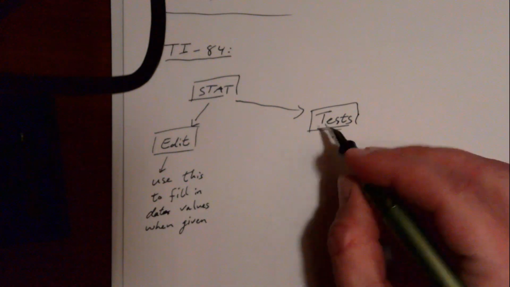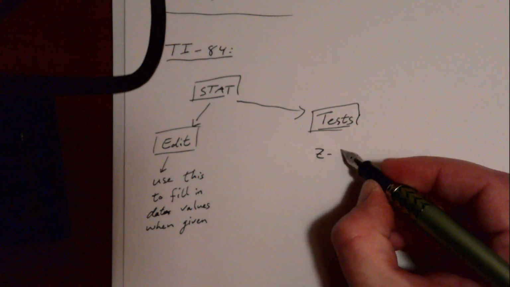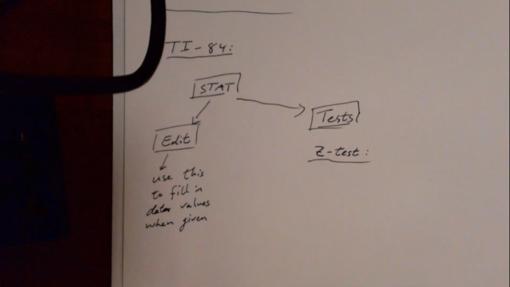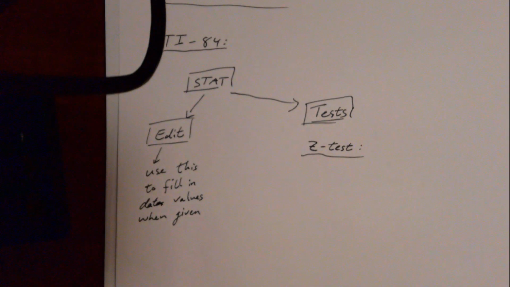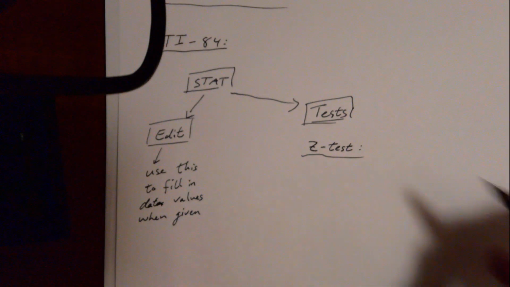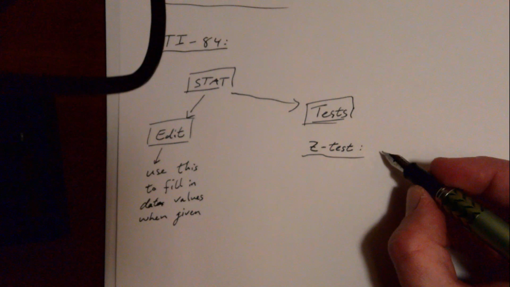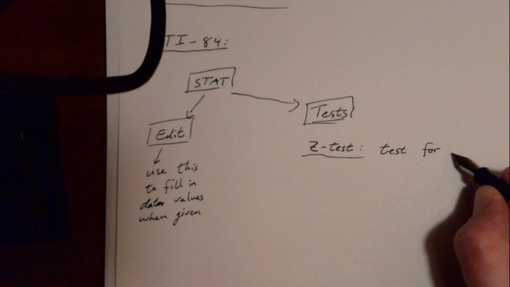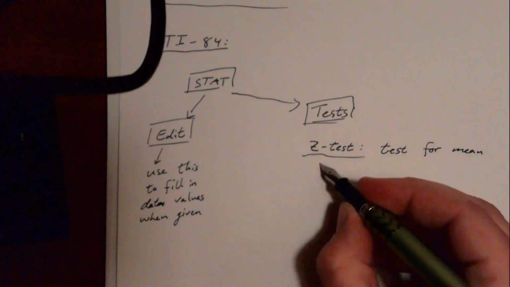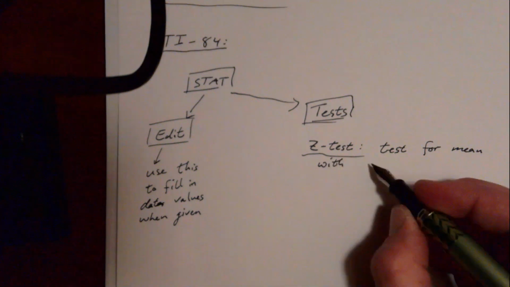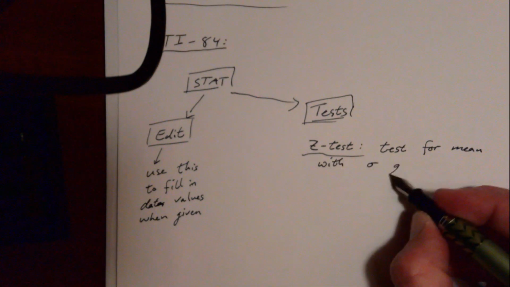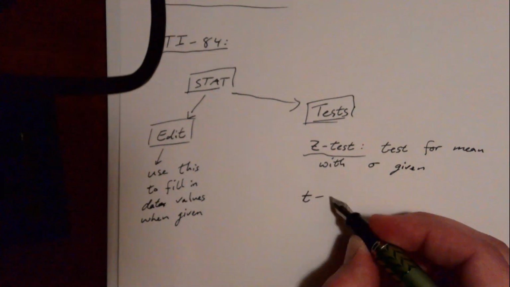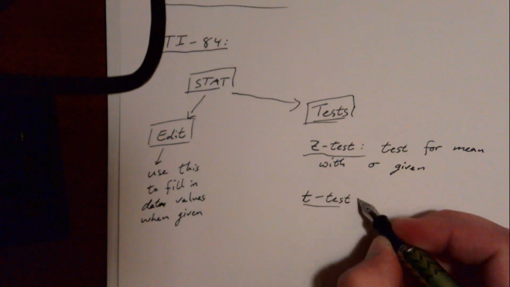First off, the z-test. This is specifically for a mean, and it's the occasion where you have a standard deviation given to you. So this is a test for a mean with sigma given, standard deviation given. Versus, on the other hand, a t-test.